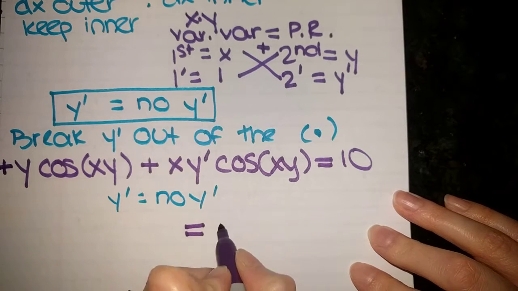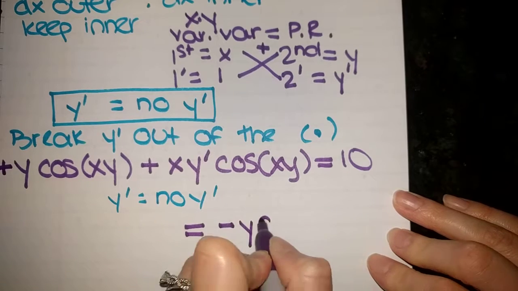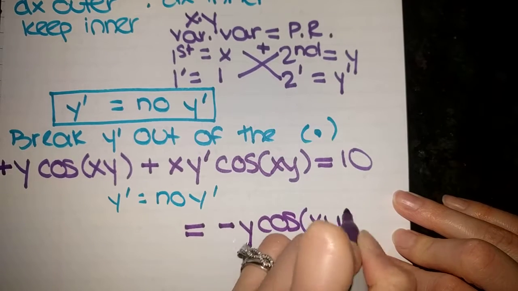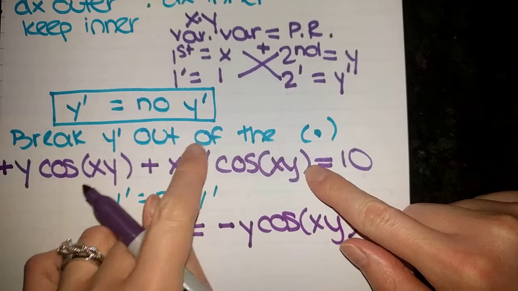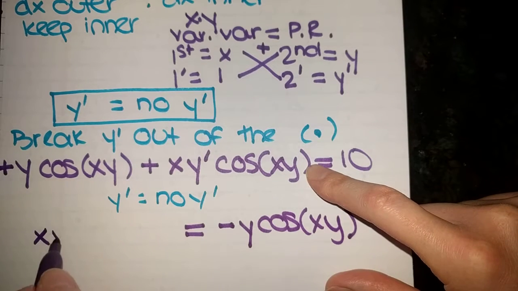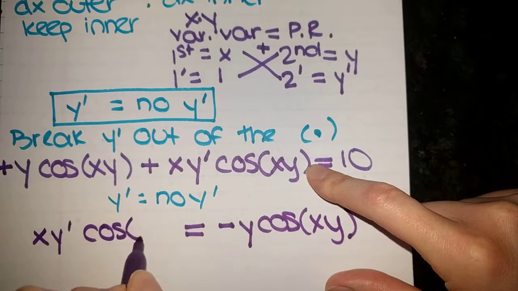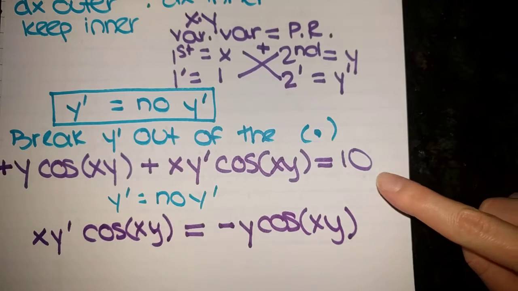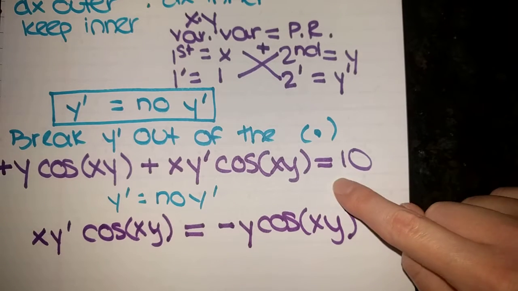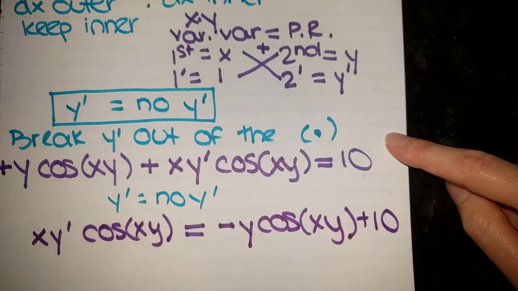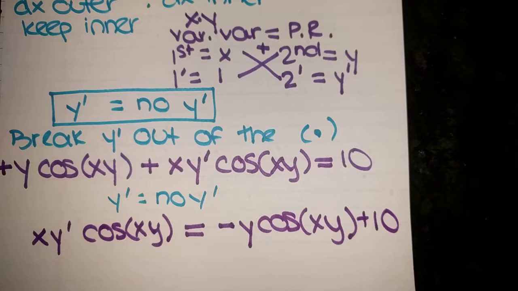So it's currently a plus, so it's going to become a minus y cosine xy. Now, this term has the y prime, so it's going to stay on that left-hand side. Okay, and then on the right-hand side, I had this plus 10, so that is still going to be on the right-hand side. So sometimes what I'll do is I'll put the equal sign and then shuffle everything to the correct side.